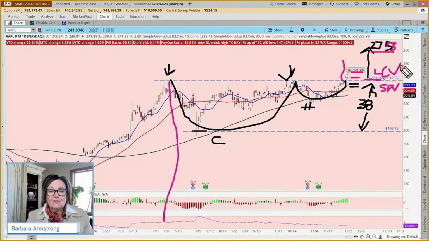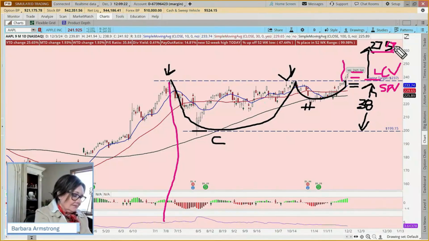Right. So let's do an example trade where we have this cup and handle pattern, and we're going to buy 100 shares of stock. We're going to put a target in of 273. And we're going to put our exit at 237 less 3%.